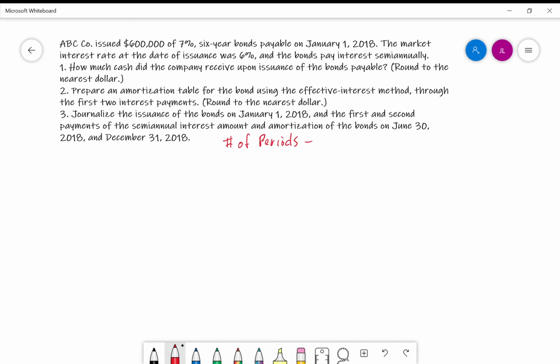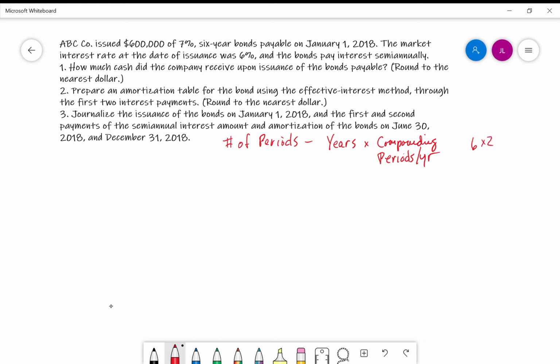And remember, the number of periods is the years multiplied by compounding periods per year.